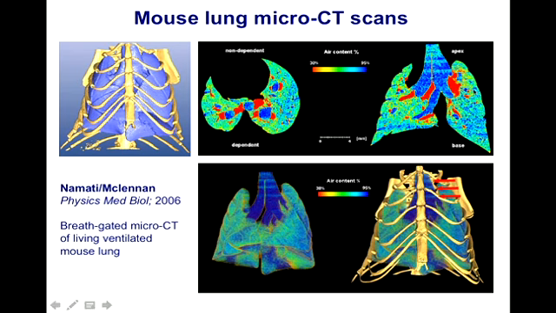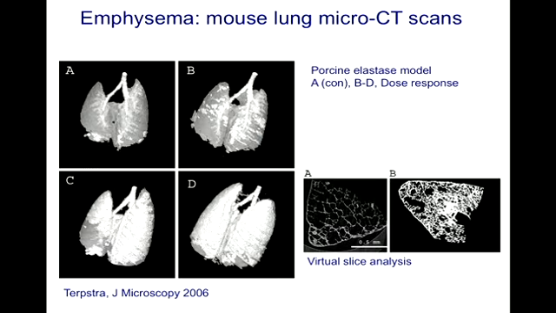And so you can see in the mouse the much simpler structure, but easy to map the lung using high-resolution CT and other construction mechanisms and do ventilation perfusion. And here's a mouse lung where emphysema has been induced artificially by instilling an elastin-destroying enzyme, pancreatic elastase.